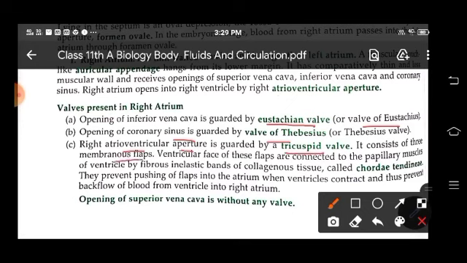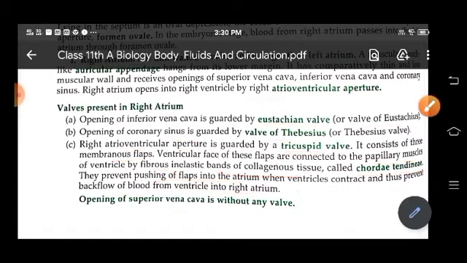The ventricular face of these flaps is connected to the papillary muscles of the ventricle by fibrous inelastic bands of collagenous tissue called chordae tendineae. They prevent pushing of the flaps into the atrium when the ventricles contract, and thus they prevent backflow of blood from the ventricle to the right atrium. Now the opening of the superior vena cava is without a valve.